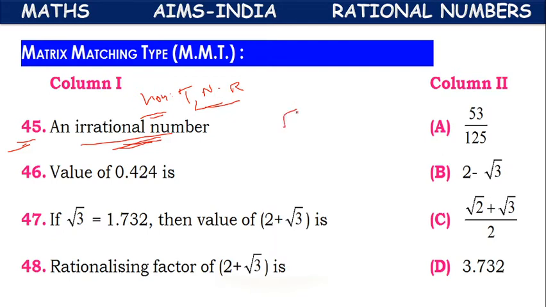Like root 2, root 3, our mathematicians have proved all these values are non-terminating, non-repeating. So in B option, we have root 3. In C option, we have root 2, root 3. So B comma C is the right answer. Two possible answers are there.